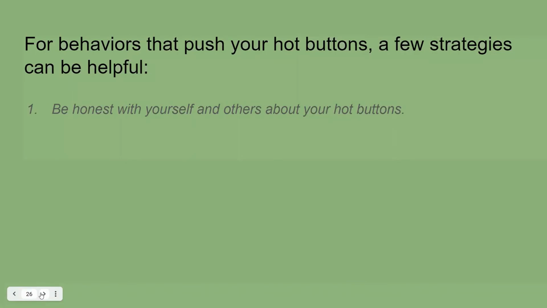So in the early childhood space, a lot of our classrooms have ed techs that come and go, perhaps. Some of them have ed techs that are there for the entirety of the day. Be honest with your co-teacher about what your hot buttons are. You know, it really irritates me when I have a whole group read aloud and that one student always leaves, or that one student always sits on his belly instead of sitting crisscross applesauce, and see what their reaction is.